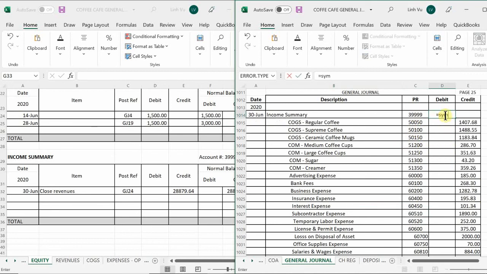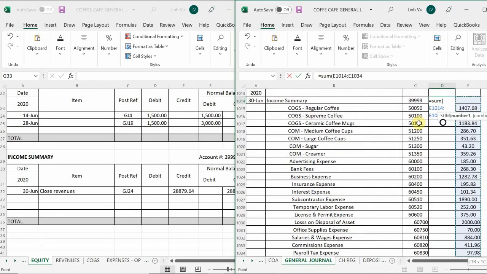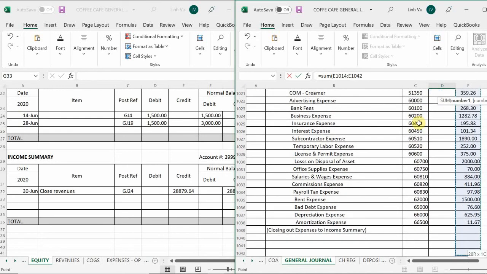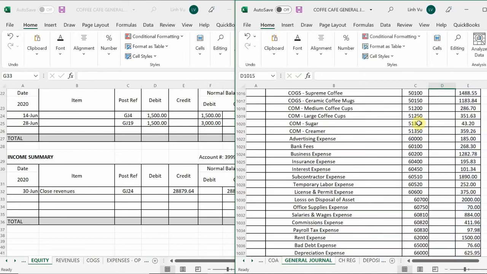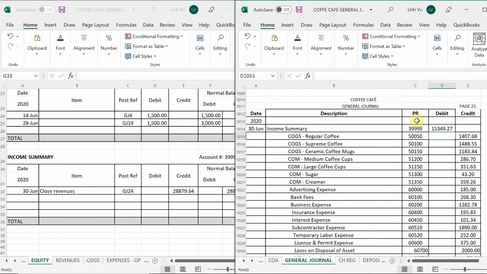Equals sum. Okay, let me see. 15,349.27. Okay.